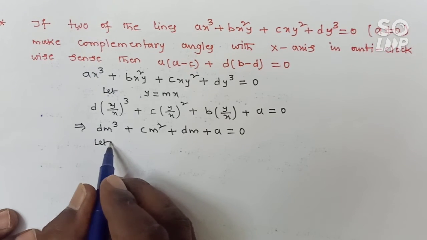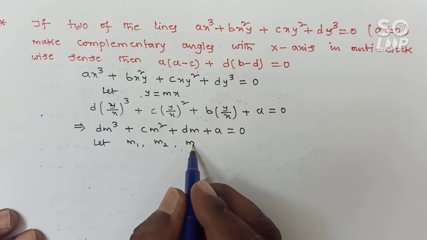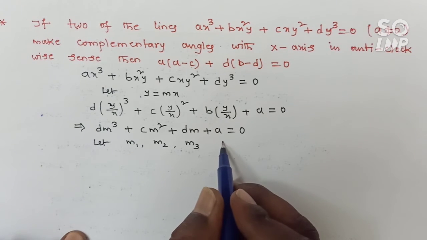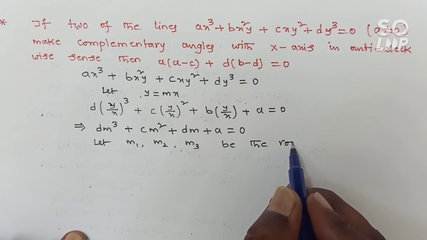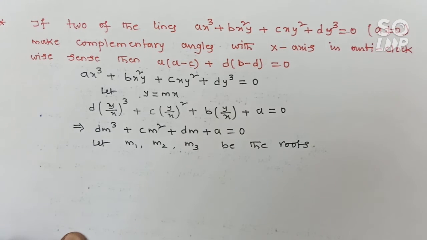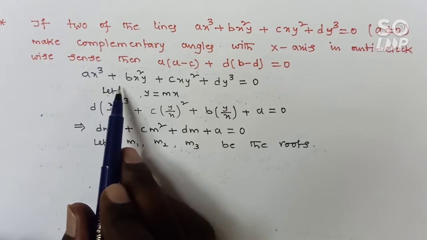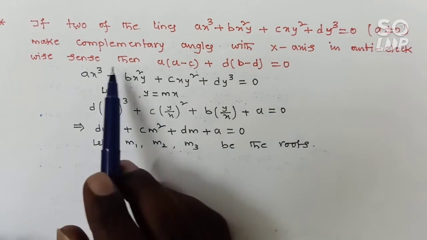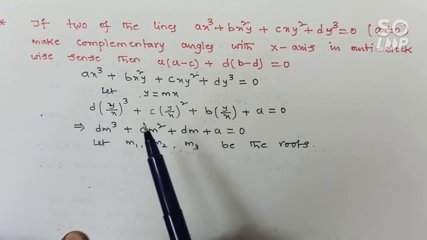Let m1, m2, m3 be the roots. Here m1, m2, m3 represent the slopes of the lines represented by this third degree homogeneous equation. Now in the given condition, two of the lines make complementary angles.